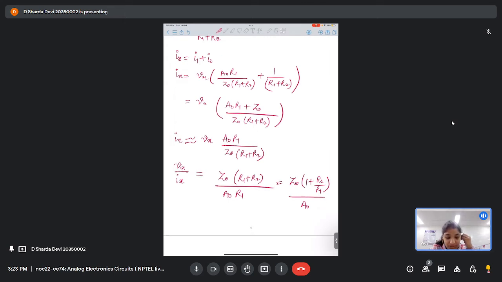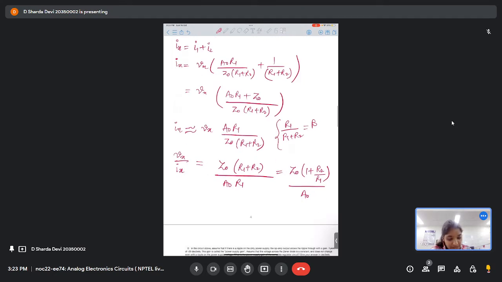So that is Z naught times (1 plus R2 by R1) by A naught. If you observe this carefully, let's say R1 upon R1 plus R2 is beta. Then Vx by Ix turns out to be Z0 upon A beta. And we know that when we apply negative feedback, it stabilizes the circuit, right?